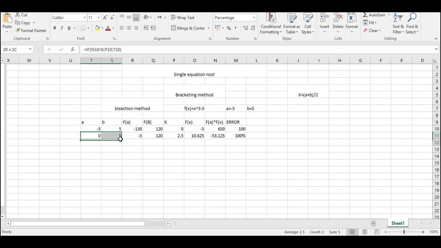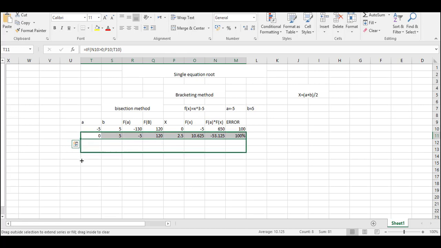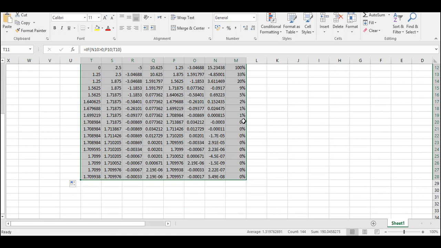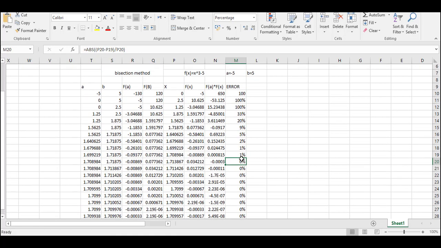We will select all cells and scroll down by mouse until the error equals 0%.